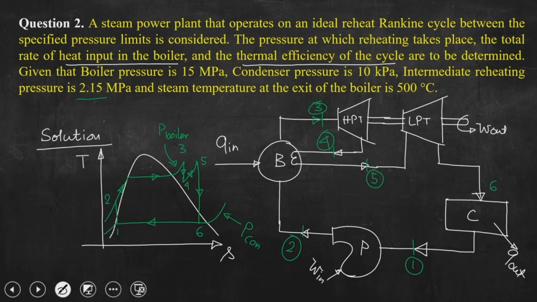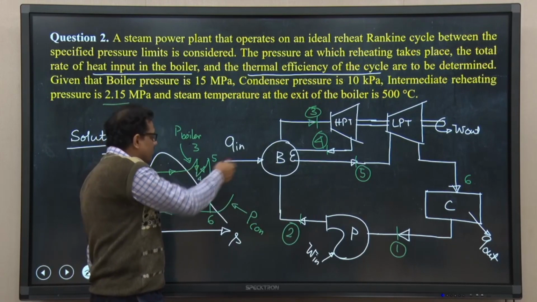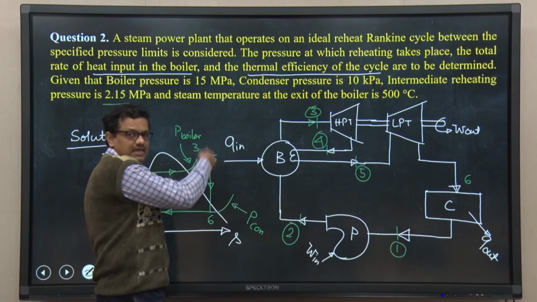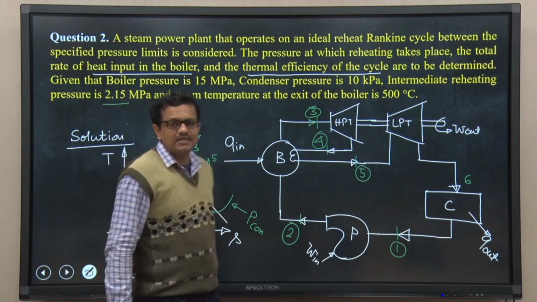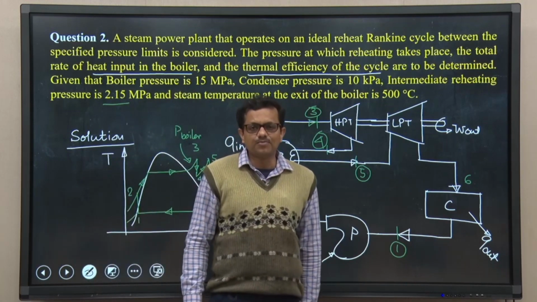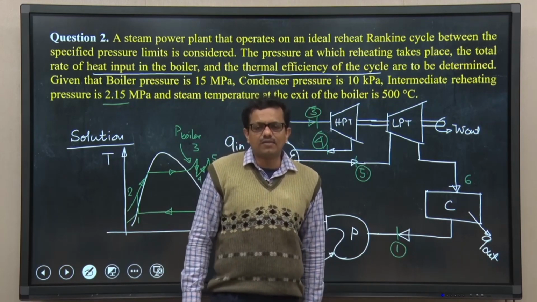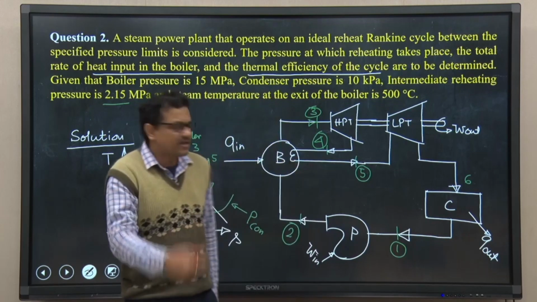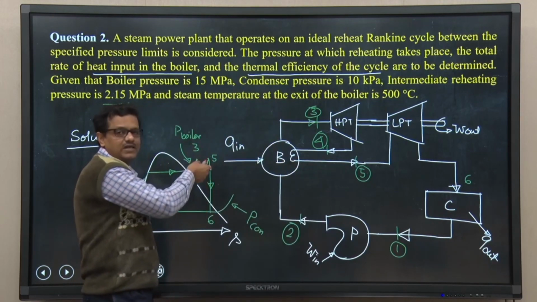Steam is expanded up to state point 4, and then again upon receiving heat in the boiler it is reheated, but it is not given up to what temperature it is reheated. So, this is very important. If nothing is given in the problem statement, what have we learned? We have learned that usually steam is reheated up to the initial superheat temperature.